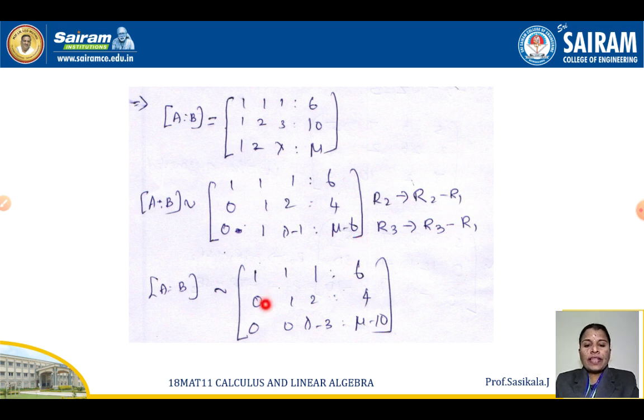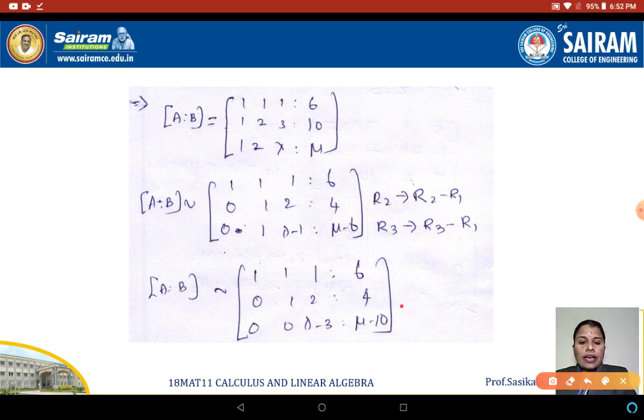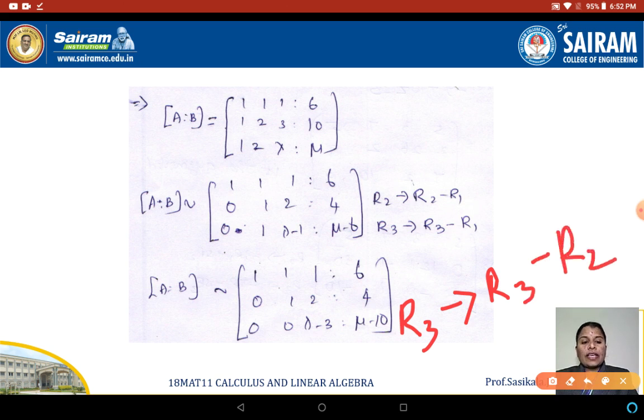Now you can see that in the third row, to convert the 1 here to 0, we use the second row. The new R3 is old R3 minus R2.